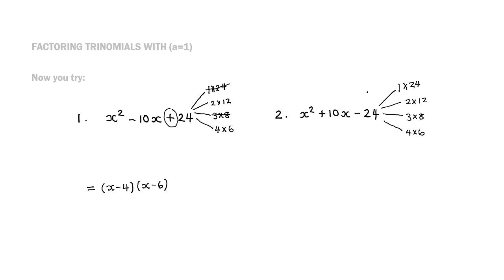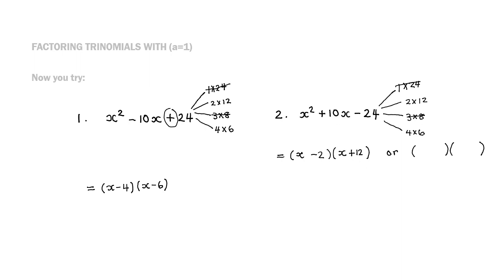Okay, now for the second one, again we're scanning for 10, so we obviously can't use that and we can't use that like previously. We have x and x. For 2 times 12, you can have 12 and minus 2, that will give you a 10, so you're going to need a plus 12 and a minus 2, that will still give you 10x.